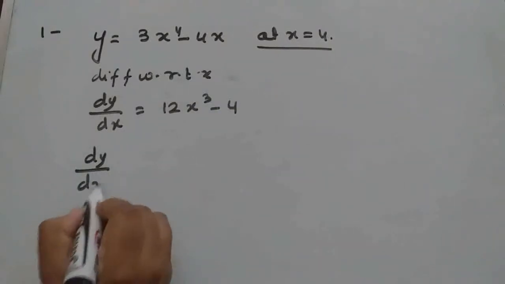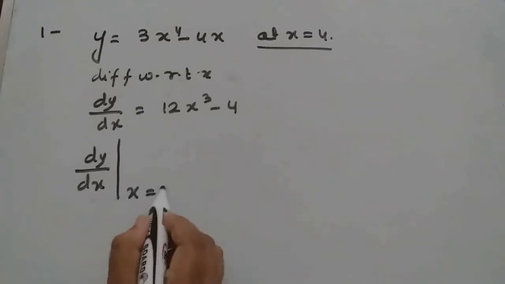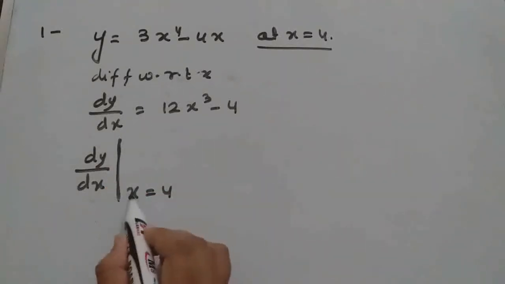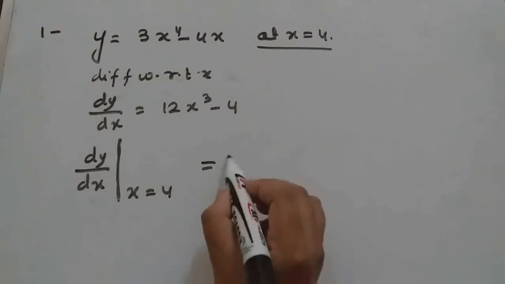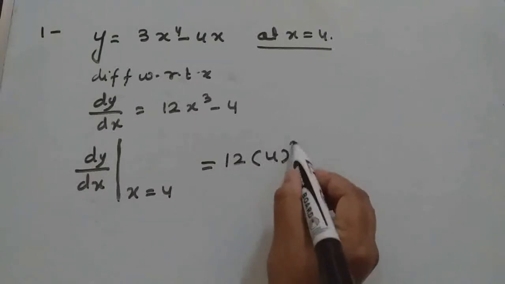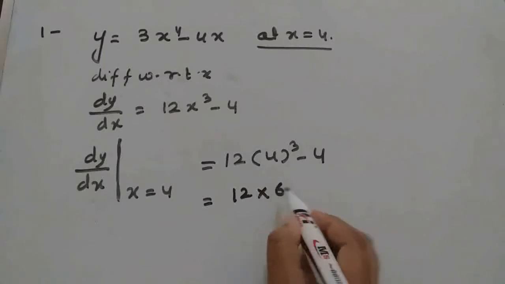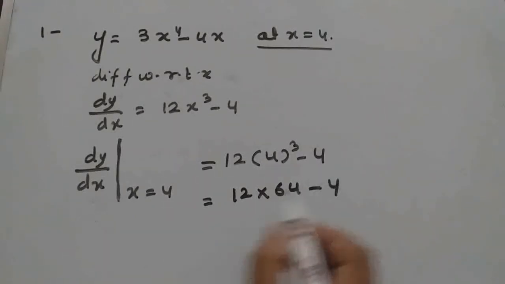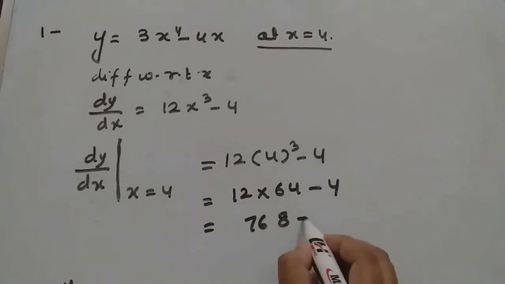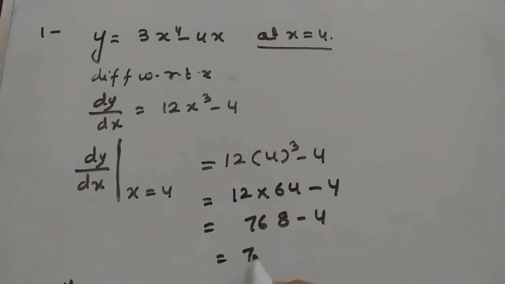So the slope of the tangent at x equal to 4, this is the notation for at x equal to 4, will be 12 times 4 cubed minus 4. So 12 into 64 minus 4 you can write. 768 minus 4, that is 764, is the slope of the tangent.